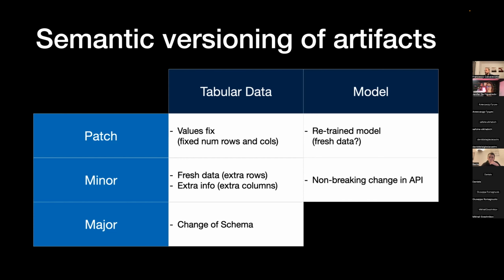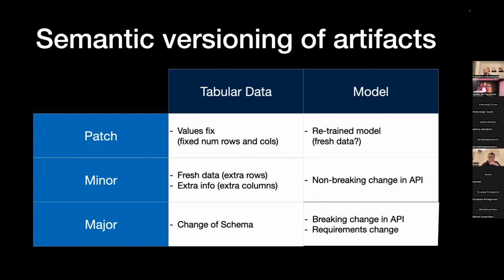Here we are in a model, we are closer to software, so it's probably easier. Maybe it's a non-breaking change in the API. So maybe you add some functionalities. So maybe now, instead of giving you just the prediction, for example, classification 0-1, it gives you the prediction probability.